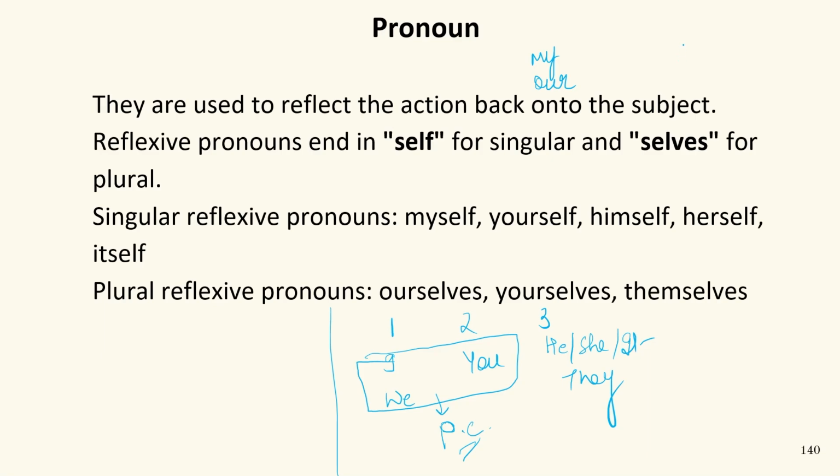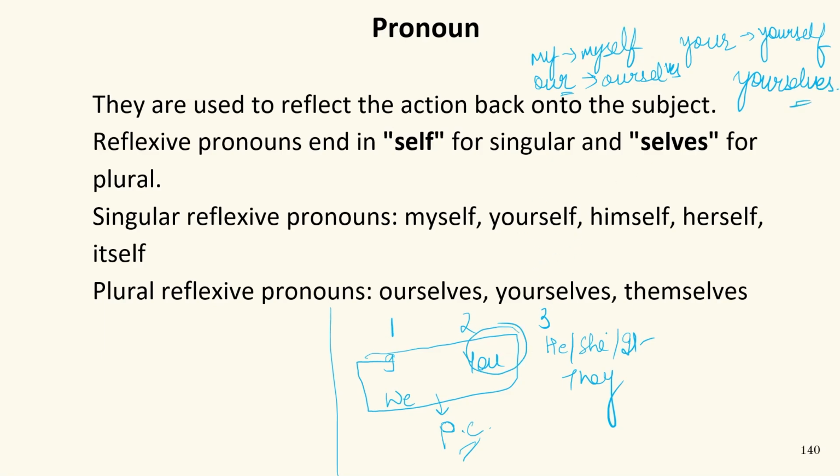The possessive case of you is your. Now, if we convert these into reflexive case, we will write myself. Our is plural, so we'll write ourselves and not ourself. Then you is written as yourself as well as yourselves, because it can be written in both singular and plural form.